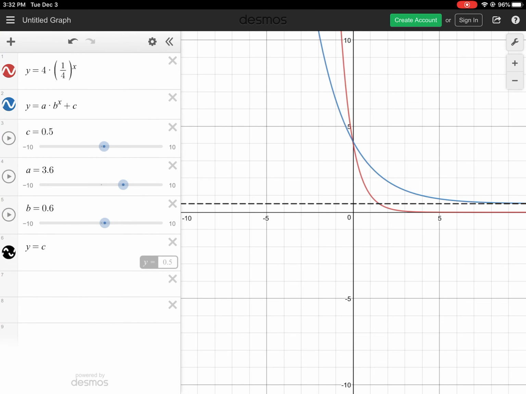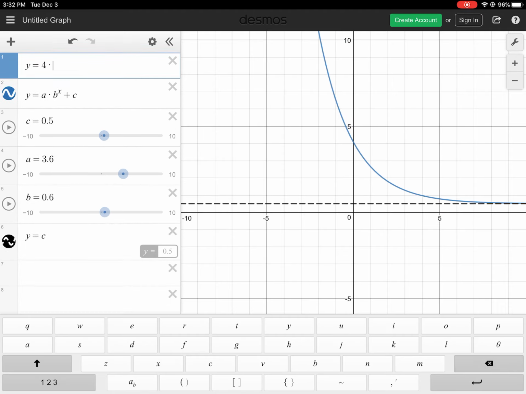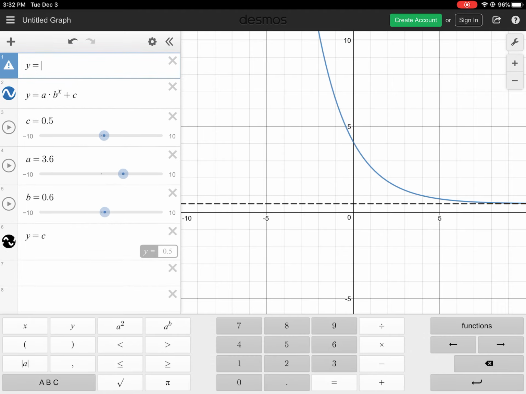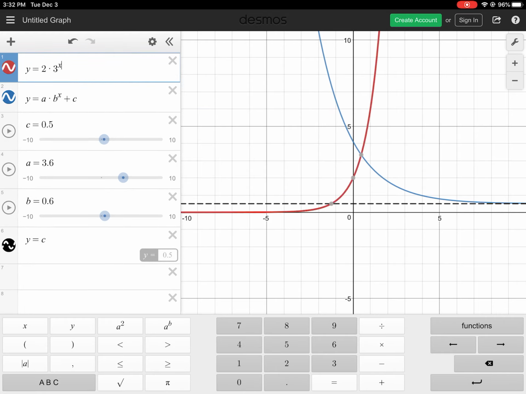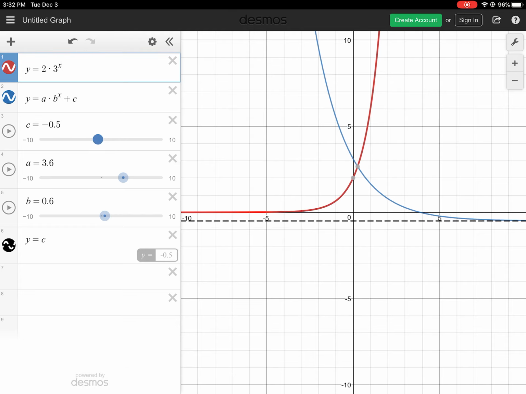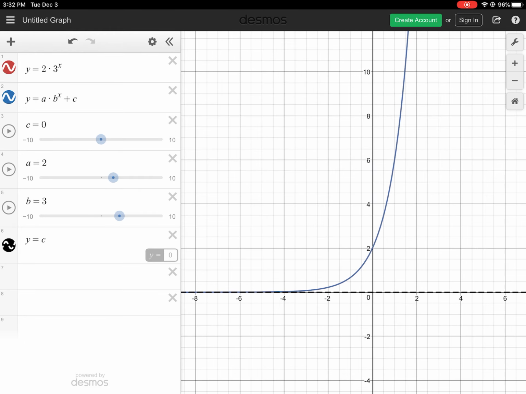Again, if we're looking at Desmos to do this, okay, let's give ourselves an easier problem to look at. Say we've got our original function is 2 times 3 to the x, okay? Well, let's make this match. So 2, 3, okay?